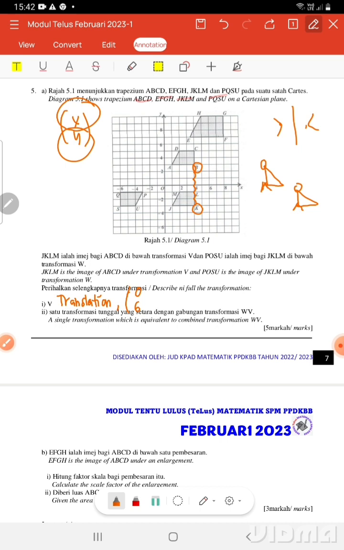So remember, on the X axis, to the right is positive, to the left is negative. On the Y axis, upward is positive, downward is negative. So this one goes downward, so put negative here. You will get 1 mark here and 1 mark here, 2 marks.